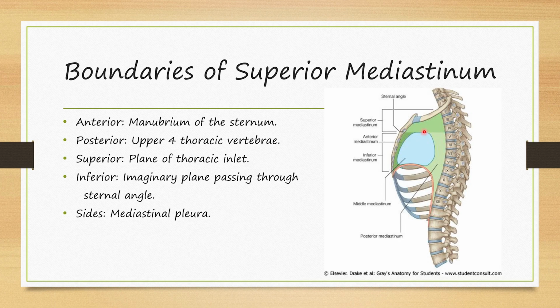At the superior, we have the inlet, which is somewhere right there, where veins and arteries enter. Inferiorly, at the bottom, there is the imaginary plane, because there is nothing else. And on the sides, there is the pleura, which, as we said, is a membrane for protection.